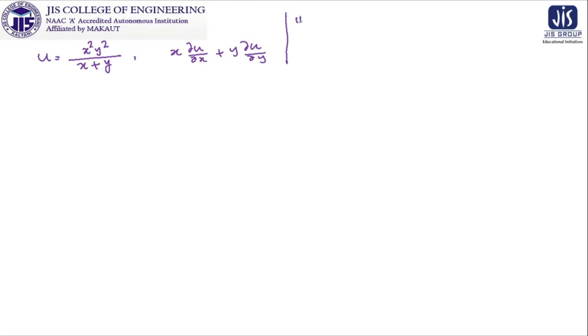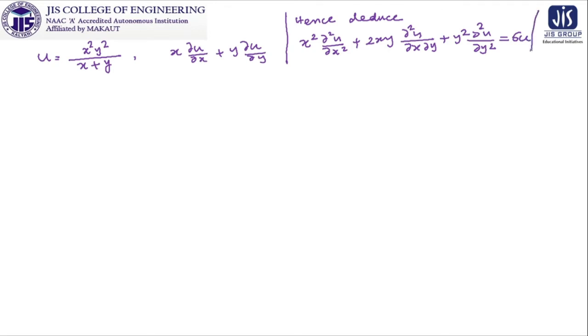Then it is stated that, hence, deduce x square del 2u del x2 plus 2xy del 2u del x del y plus y square del 2u del y2 is equal to 6u. We have to prove this.